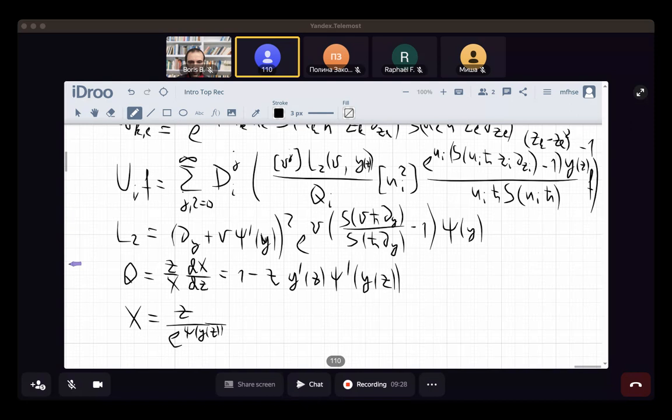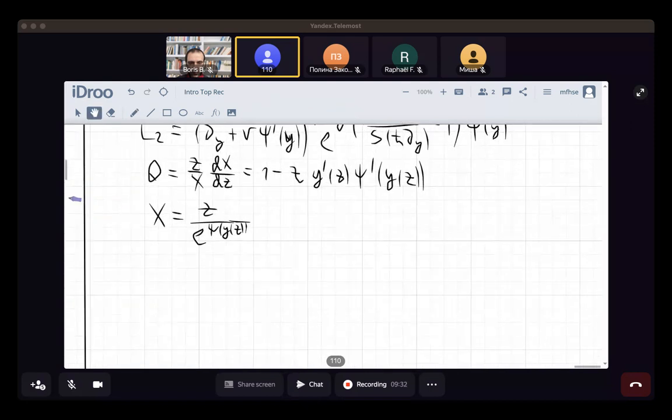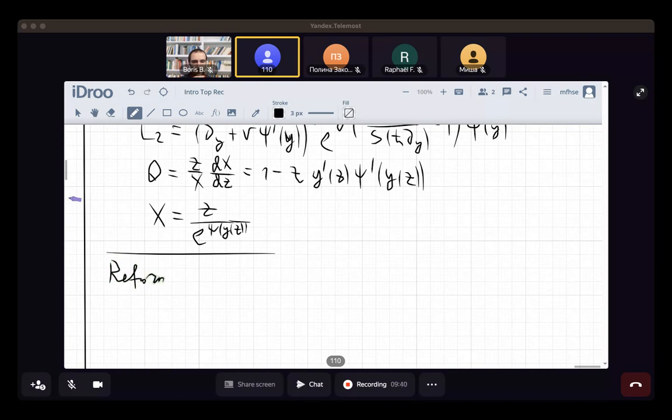Okay? Now before doing this, let me reformulate the loop equations a little bit. So, reformulation of loop equations.